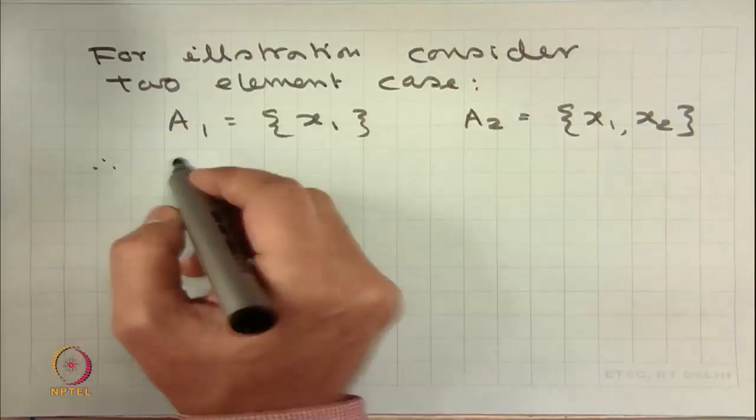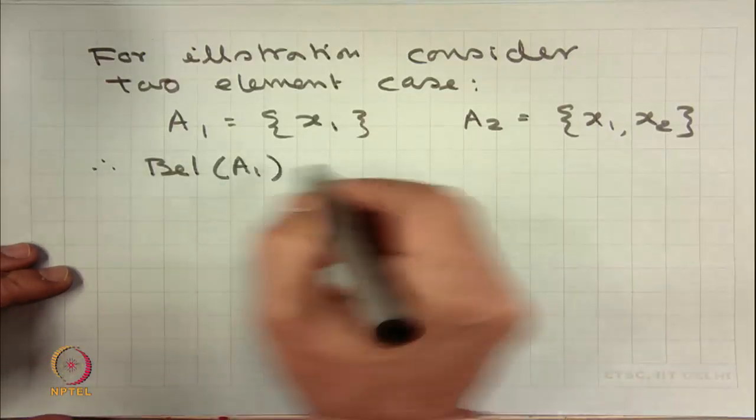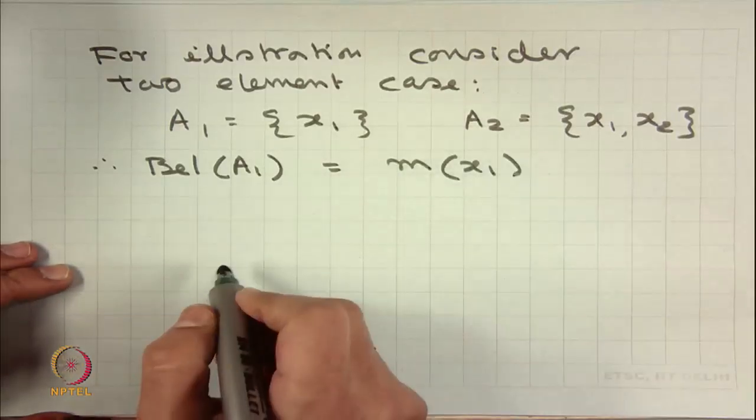Therefore, belief of A1 is equal to m(x1).